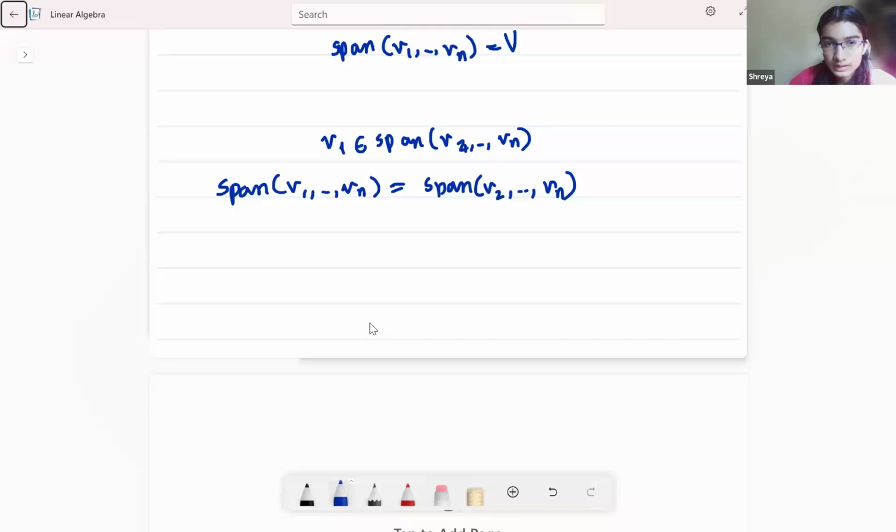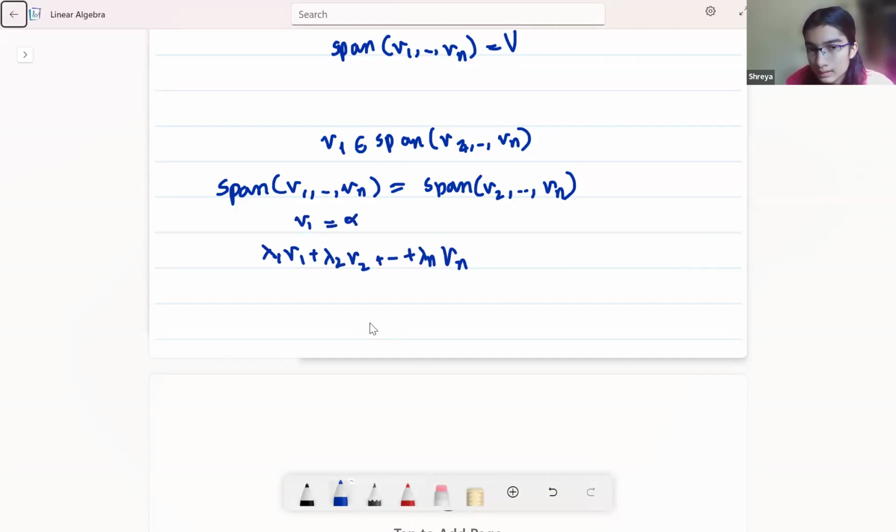And the proof is just that if you have an element of this, which is lambda1 v1 plus lambda2 v2 plus blah blah blah plus lambda n vn, but you already have that v1 belongs to the span of the other things.